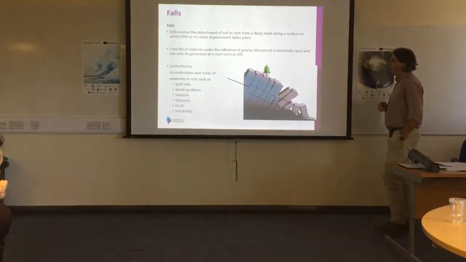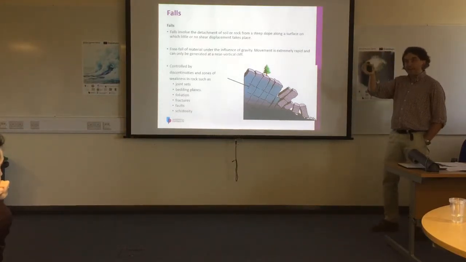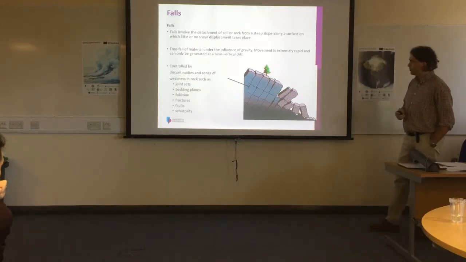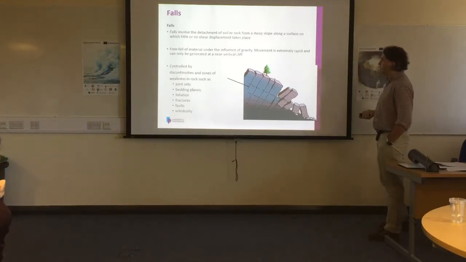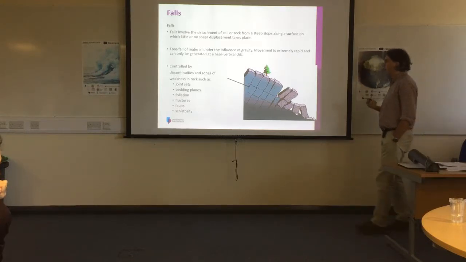So the first type of landslide is what we term a fall. A block detaches from a rock face and simply falls under gravity downwards. It's free fall under gravity, it's very rapid and typically involves some sort of near vertical cliff and is controlled by discontinuities, as I've already said.